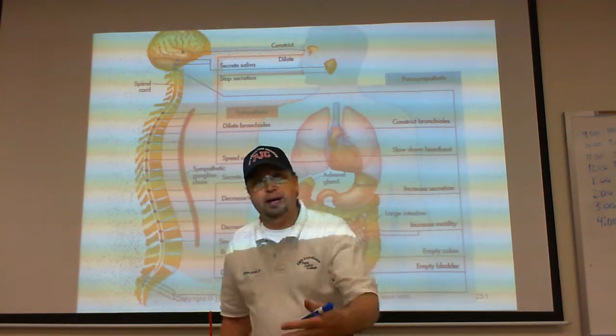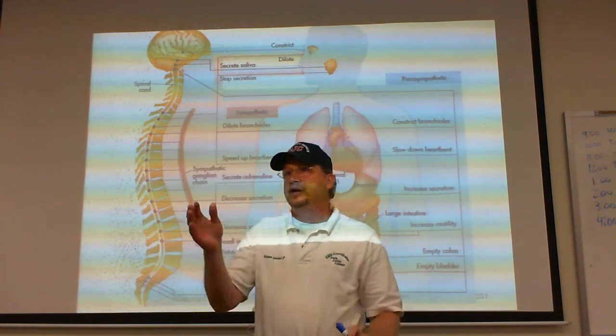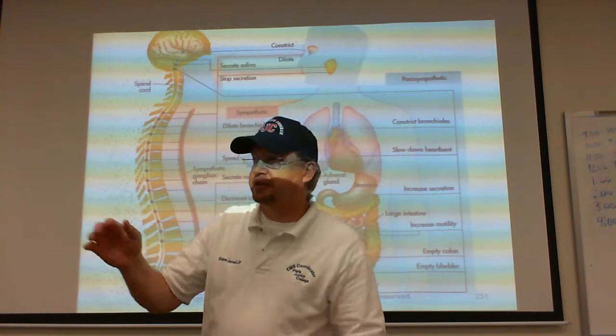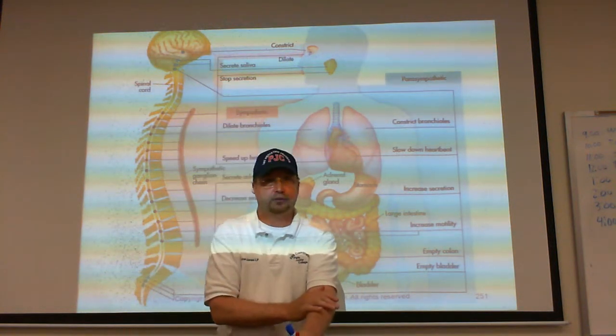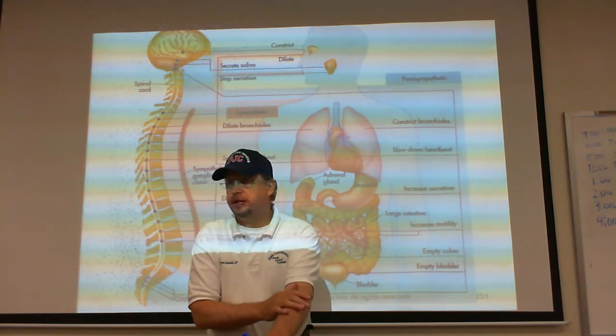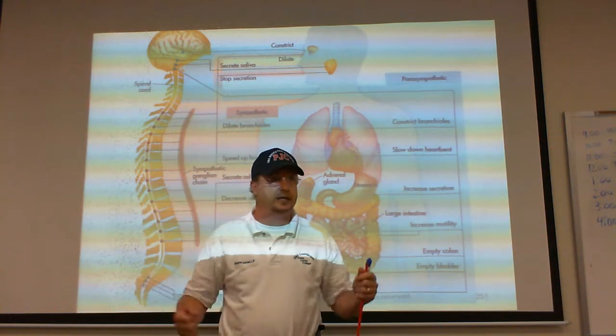Now, back at the preganglionic synapses, when we talk about those being nicotinic N's, the reason I think it's important for you to remember that is because out here in your skeletal muscles, there are nicotinic receptors that actually respond to acetylcholine so that we can move our skeletal muscles.